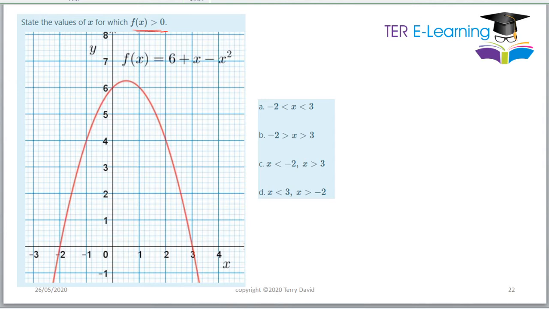All right, so I'm seeing a C and an E. Anybody else? State the values of x for which f of x is greater than 0. So what the question is asking is which part of the graph is above my x-axis.